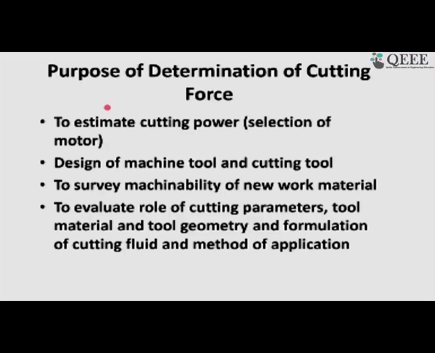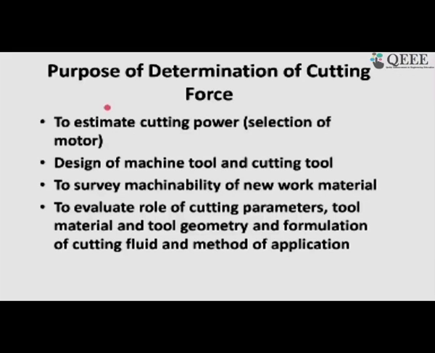So, machinability means with what ease we can machine it or what may be the difficulty, and immediately cutting force becomes an indicator. By applying our common sense, we understand low force is definitely good for machinability, and large force is a matter of concern.